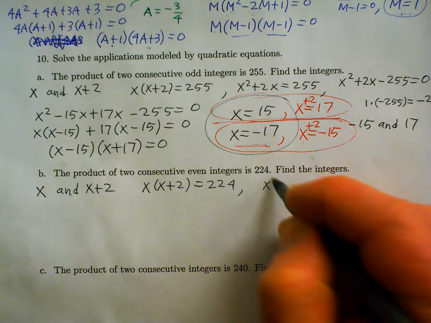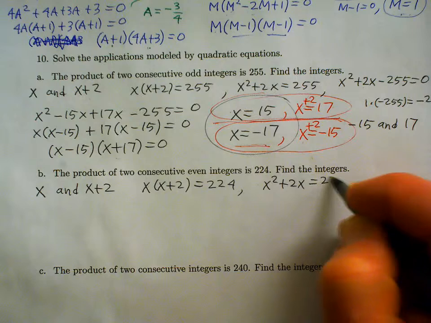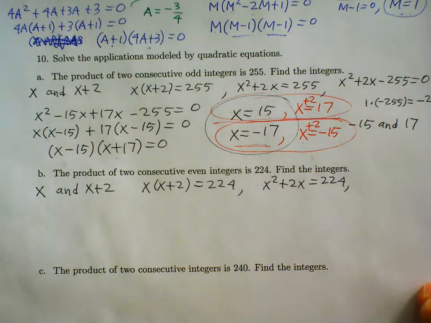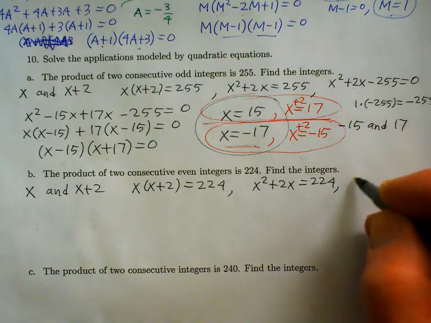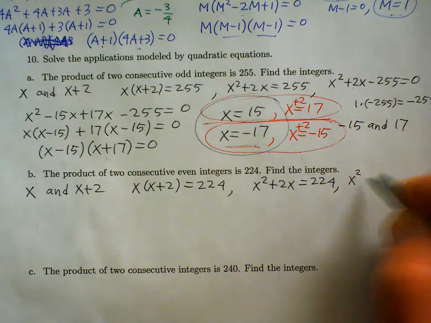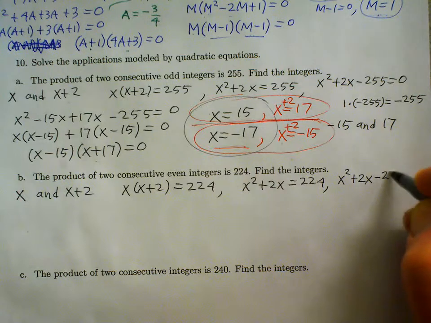And then x squared plus 2x equals 224. To solve by factoring, we subtract 224 from both sides, and we get x squared plus 2x minus 224 equals 0.